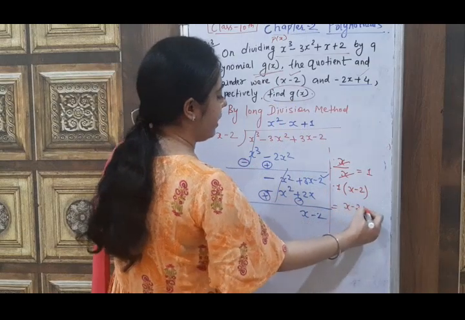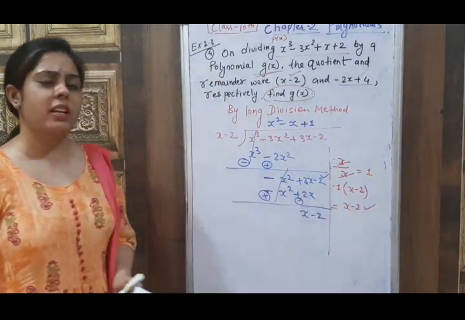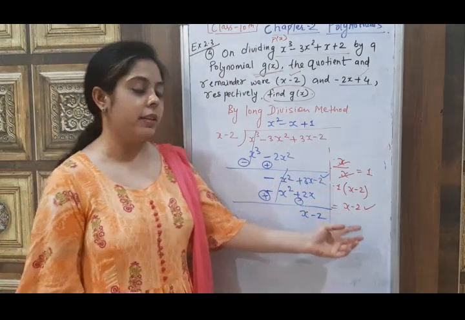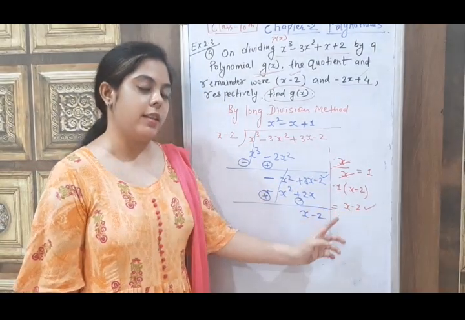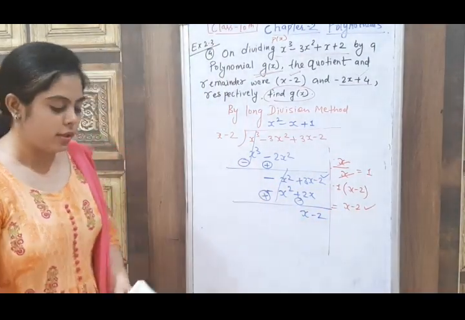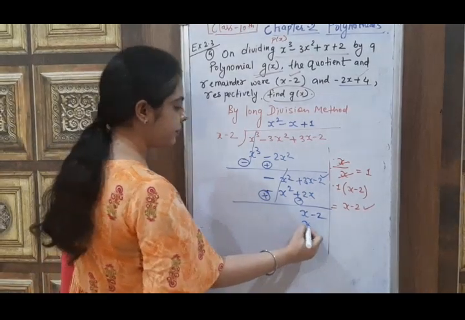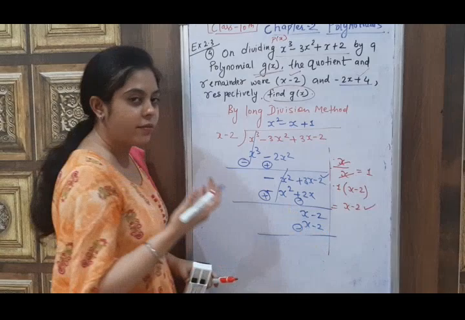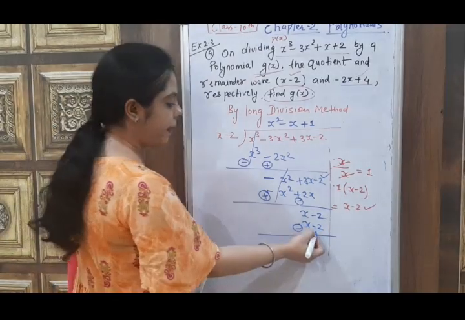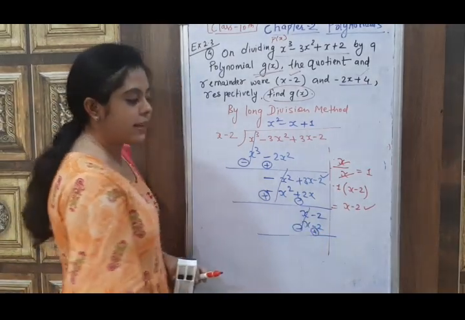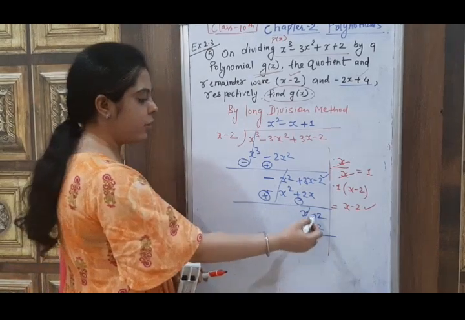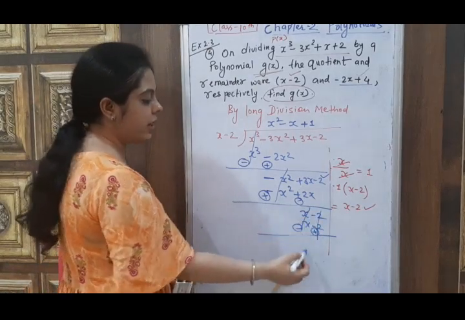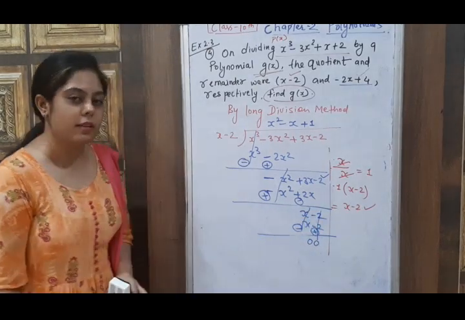So after multiplying we get the same number, because when we multiply any number by 1, we get the number itself. So here the answer came x minus 2. So this x minus 2 we write here, and just we have to subtract. So for this again first we have to change the sign. Plus x and x will be cancelled. Here also minus 2 plus 2 will be cancelled. So here the remainder came as 0.